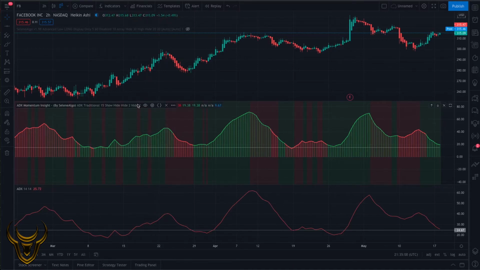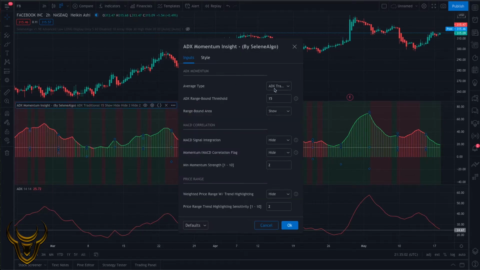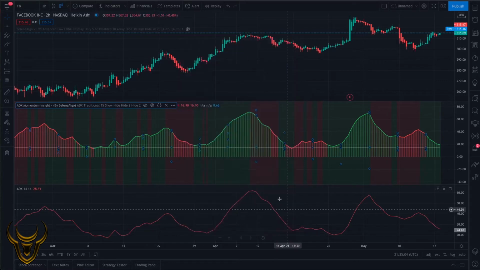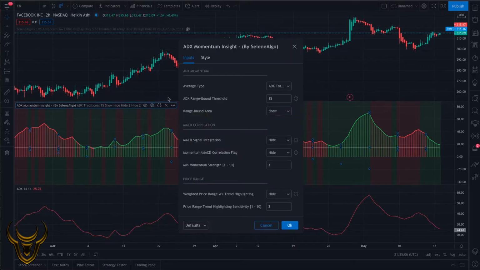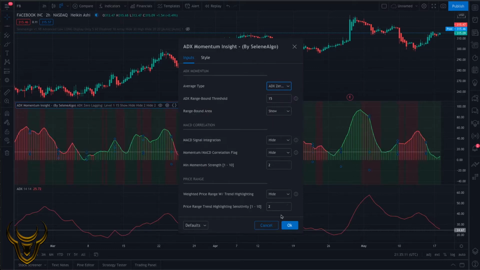So let me just go to, it is on traditional. Whenever you load it up for the first time, you're going to see it's going to be on zero lagging 1. There are different zero lagging methods built into this that capture those trend swings, those switches, a little bit sooner than what you would normally see on traditional.